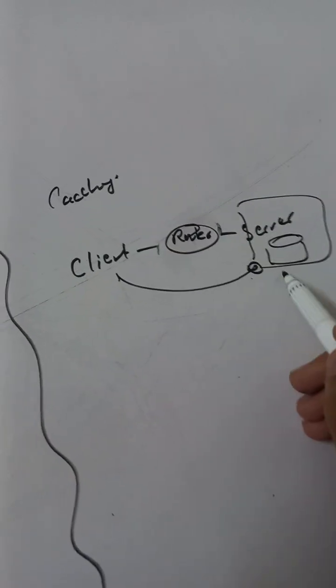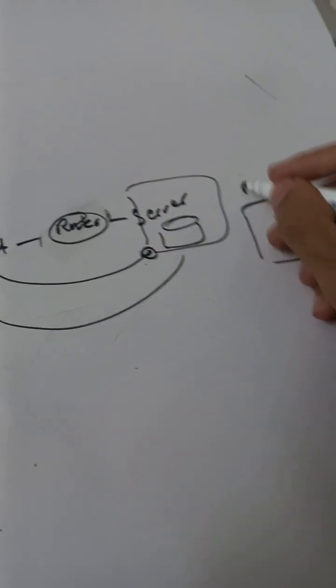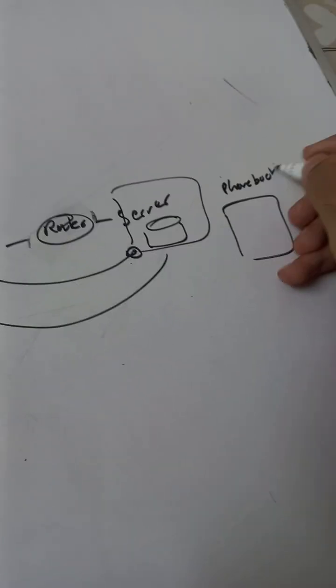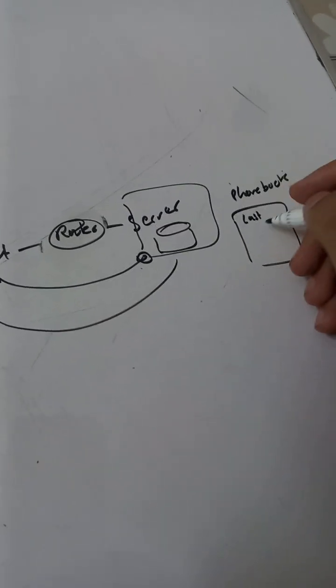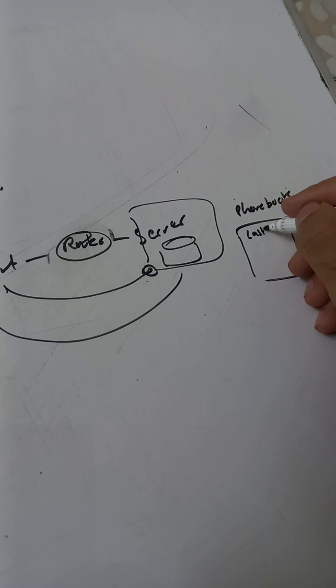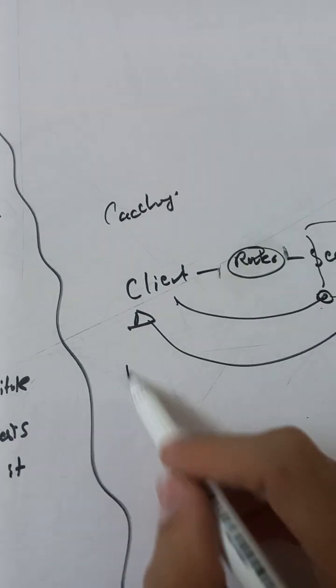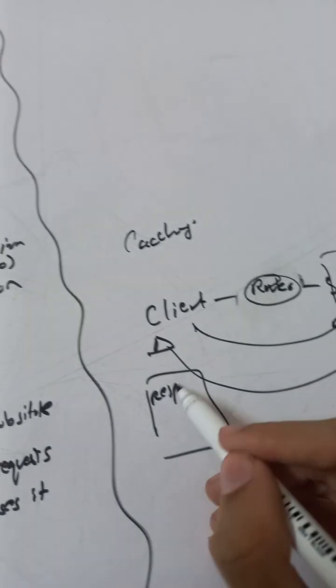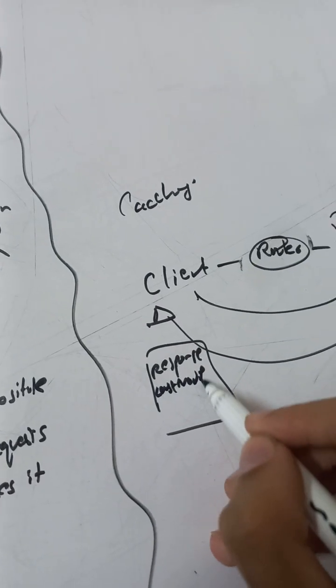Now the server is going to return the information back to the client, and it's going to have, for example, let's say it is retrieving the phone book, right? So in this phone book, it will have a field called last modified over here, and over here when you're going to get your response data, it's also going to have another field which is going to be last modified.